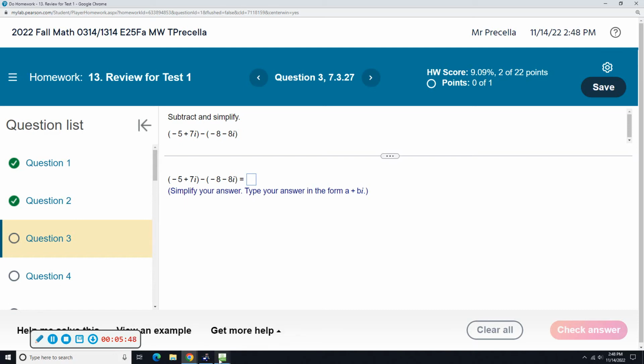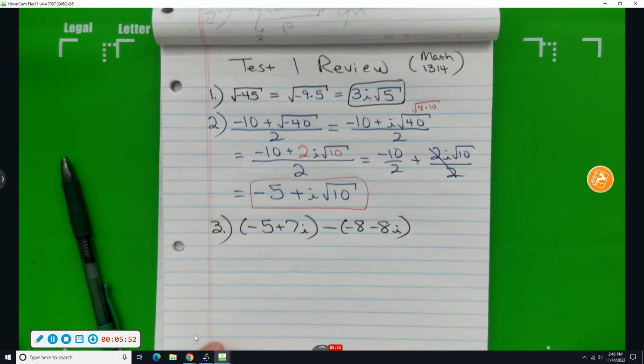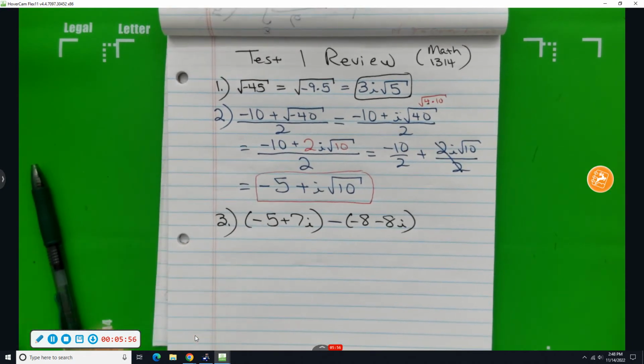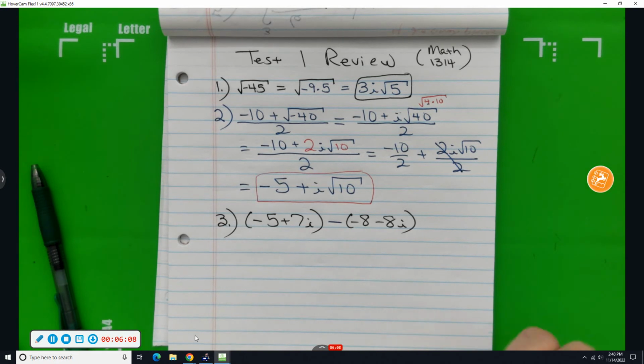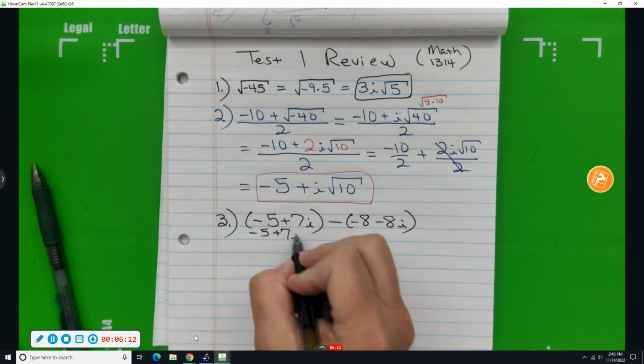We said during class that operations on complex numbers were very similar to operations on variable expressions. If those i's were just variables, you'd look and say, oh, that first set of parentheses is unnecessary. There's nothing to distribute. So we just drop it to -5 plus 7i.